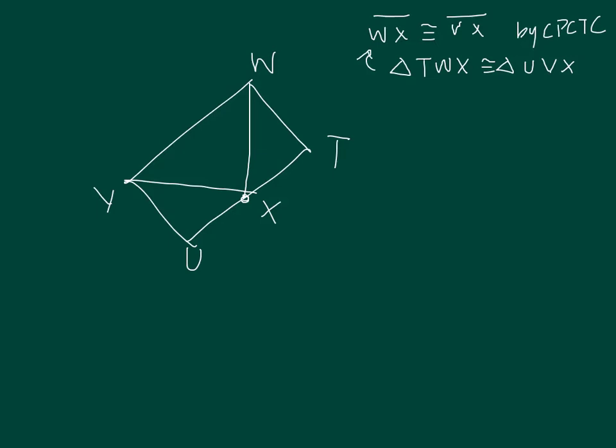We can combine that. So we know that TX is congruent to XU because X is a midpoint. We also say VU is congruent to WT because of the rectangle. And we also say angle U and angle T are 90 degrees, therefore congruent, because TUVW is a rectangle. So we can use SAS.